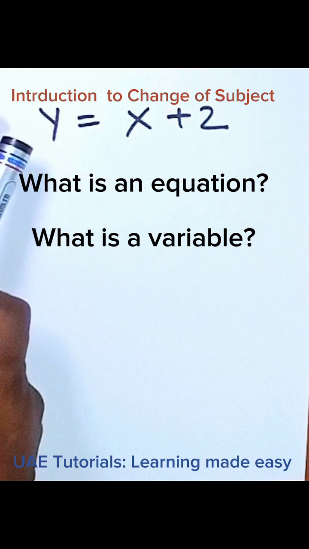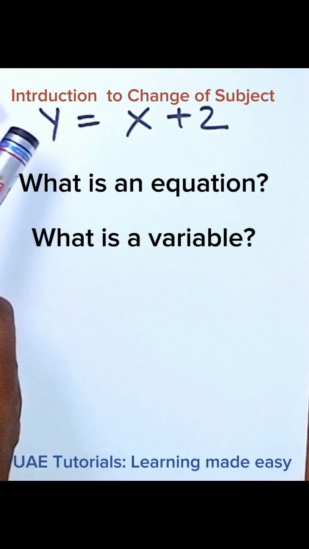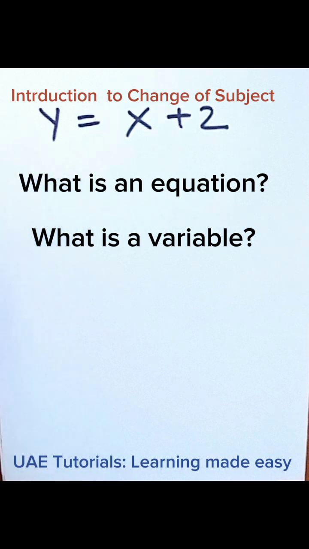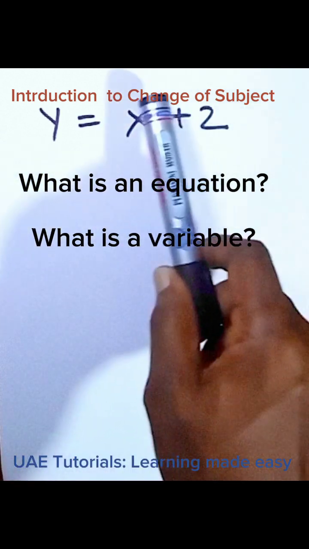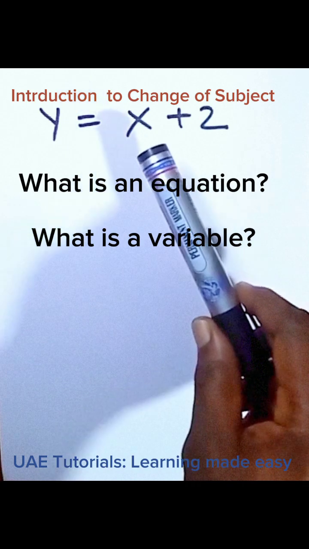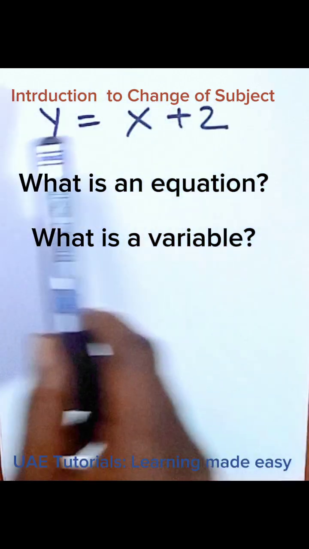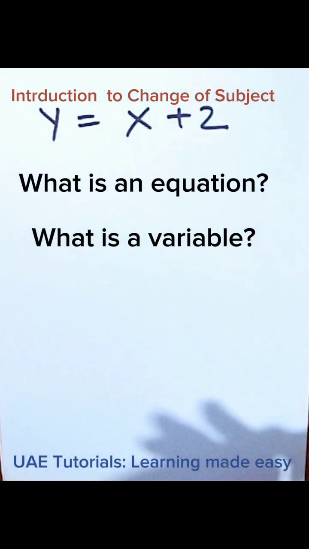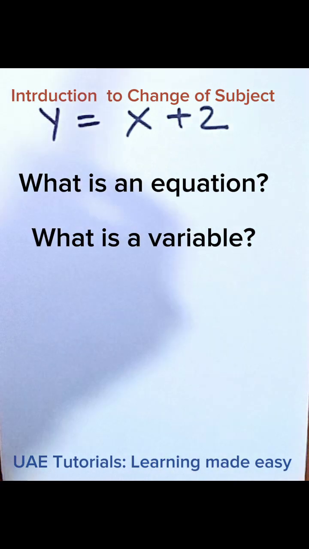That means this is a quantity, a force, or something we do not actually know what it is, but we know that it is there. How do we calculate it? Now, x is another variable that is known. We are saying that this known variable, if you add 2 to it, you'll be able to get the value of y. So, that is where the concept of known and unknown in a simple equation comes from.